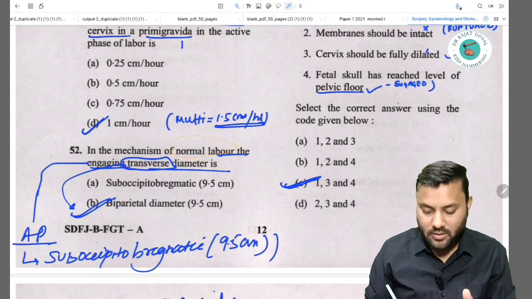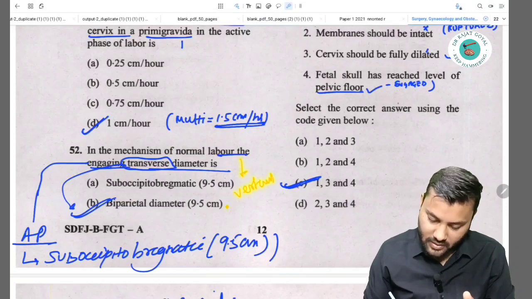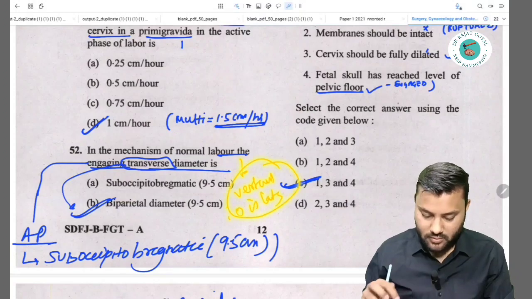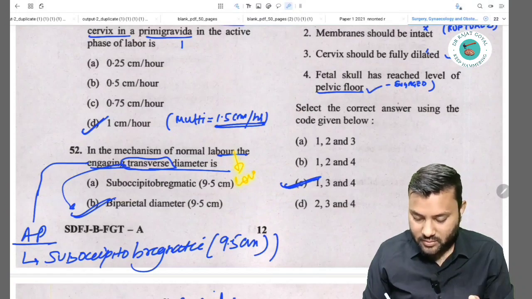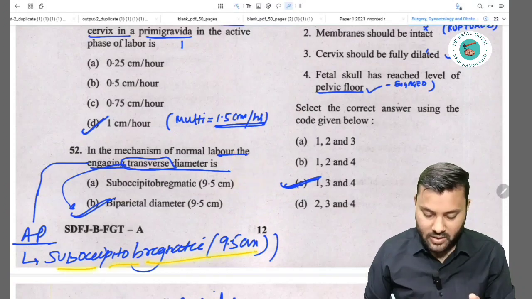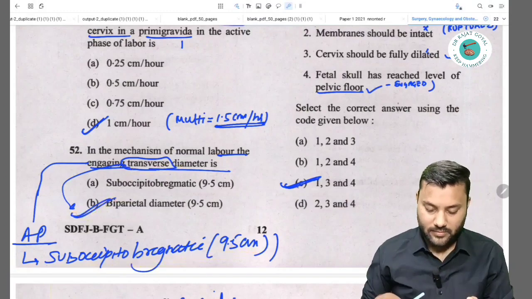Normal labor is generally a vertex presentation, and the occiput is in a lateral position. It is a completely flexed position. So here the AP diameter is suboccipito-bregmatic, and if it is asked about the transverse diameter, then it is the biparietal diameter.